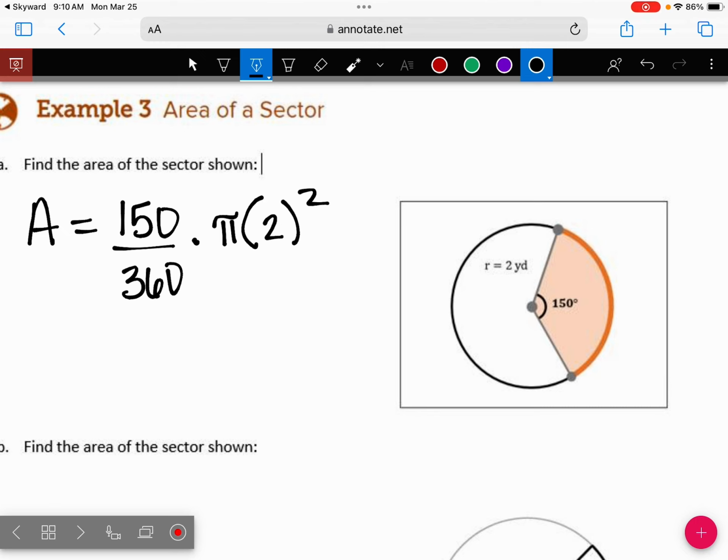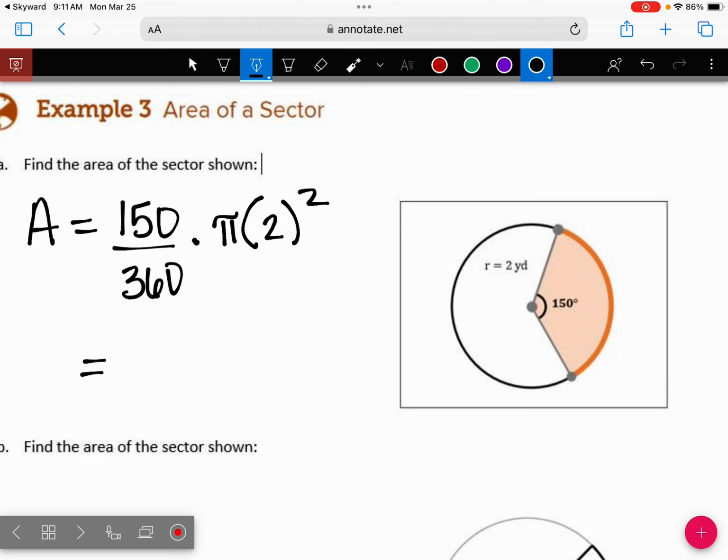Yep, so 2 squared. So you're going to type this in your calculator just like that. Use the fraction button, type in 150 over 360, and then multiply that answer by pi r squared. So this is kind of tricky to type in. So go ahead, type this in your calculator. And then hit the button above it to get the decimal.